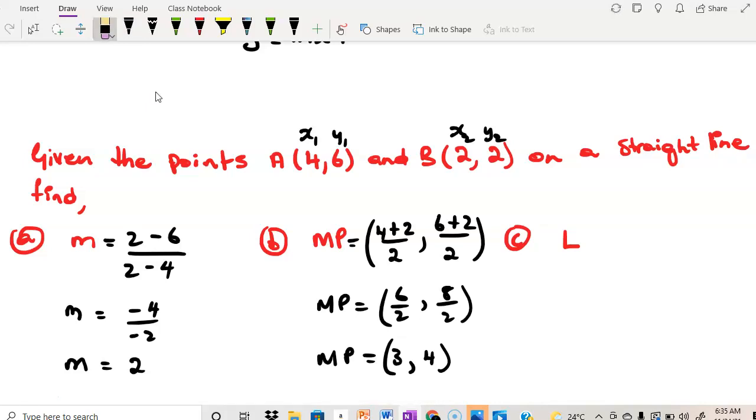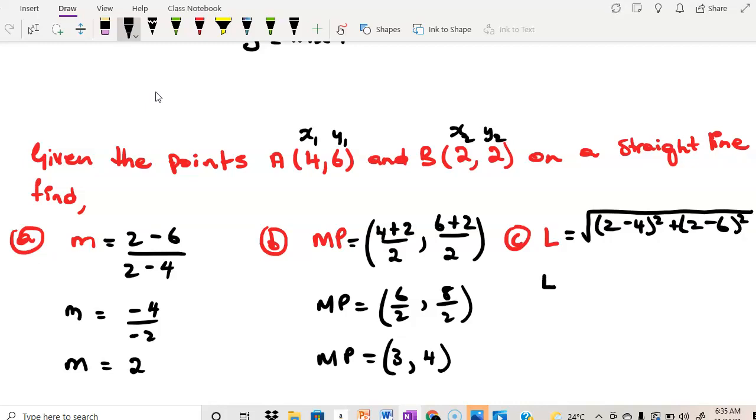All right, so let's get straight over to our length, guys. The length of our straight line. So our length, remember, is the square root of x2, which is 2, minus x1, 4, squared, plus y2, 2, minus y1, 6, squared.